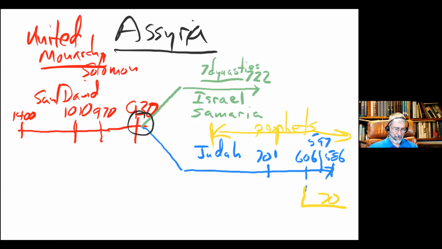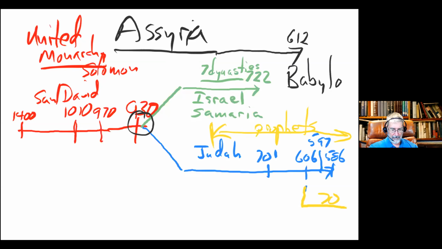So Assyria becomes important. Assyria is going to continue to be a major power all the way down to about 612 BC, 609, we see the actual destruction of the city of Nineveh. And the world will pass from Assyrian rule to Babylon.